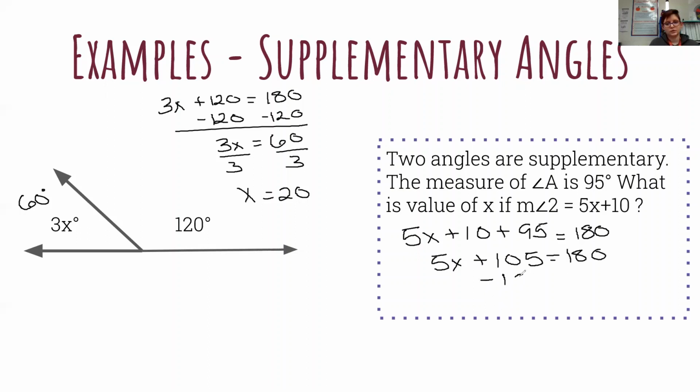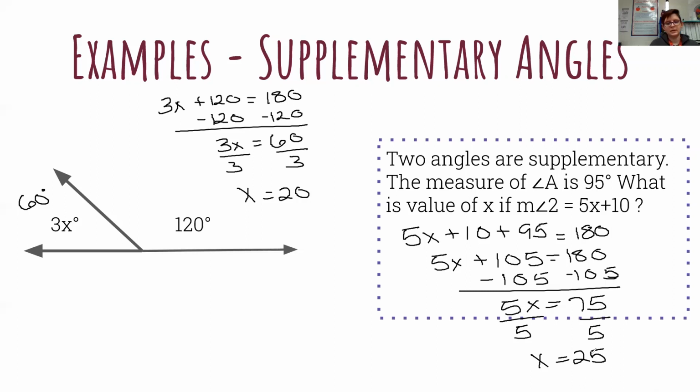I'm going to subtract 105 from both sides. We get that 5x equals 75. Divide by 5, divide by 5, and x equals 25. Again, not degrees. This is just part of the measure of angle 2.